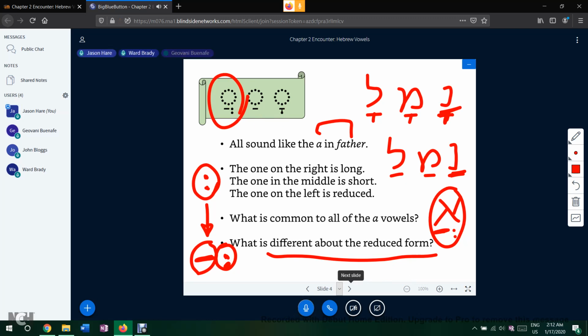Yep. Questions? Jason, one thought that crosses my mind: if the long and the short are all pronounced the same, when does it become important, or what's the impact? That's something we're going to have to look at after we get the basic sounds down. Then we can look in the next chapter at syllables, because the next chapter is going to look at how you break down words into syllables.